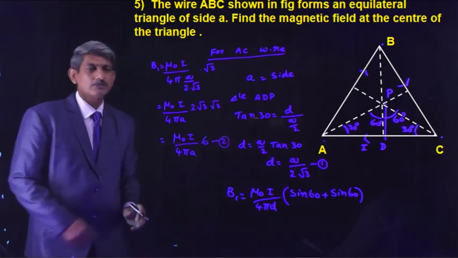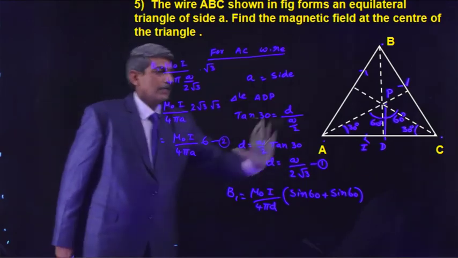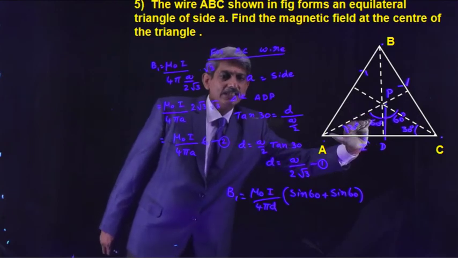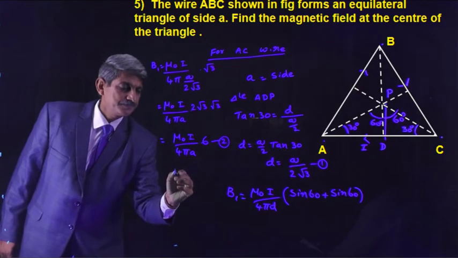This is equation number 2. Now using the right hand rule, the field produced by the AC wire is also acting inwards.